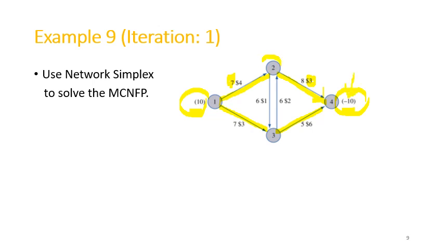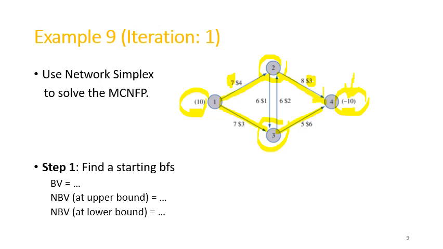For node 2 and node 3, because you see nothing in the parentheses, they have net supplies of 0. Anything that is coming into the nodes must be sent out from those nodes, such that the net supply equals 0. So that's how you read all the information in this figure.